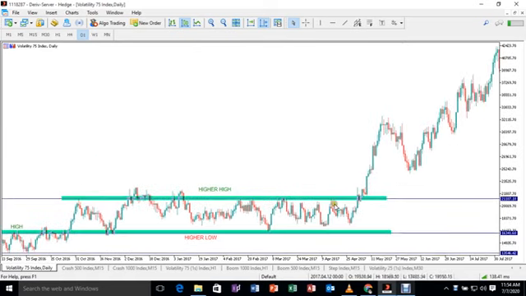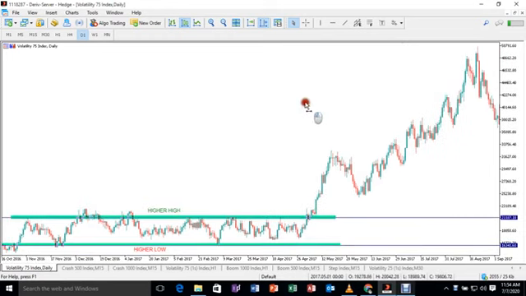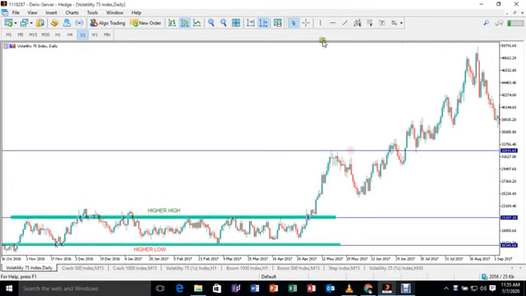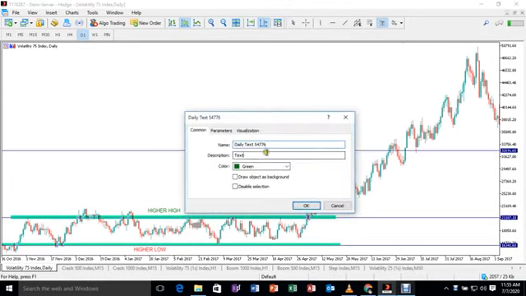So what we have next, we have a breakout from the higher high, and we have a new high here. Good. So we have a new high here, which is now our new higher high.